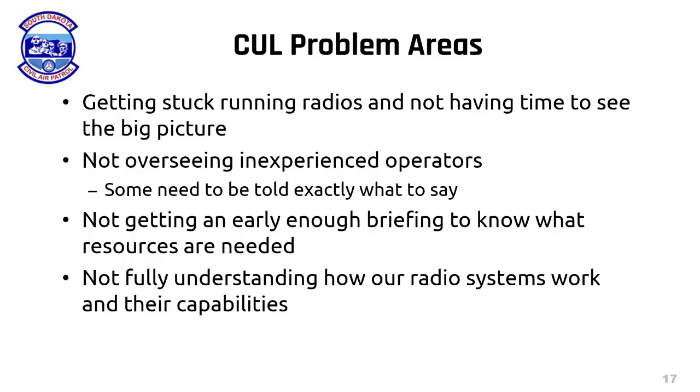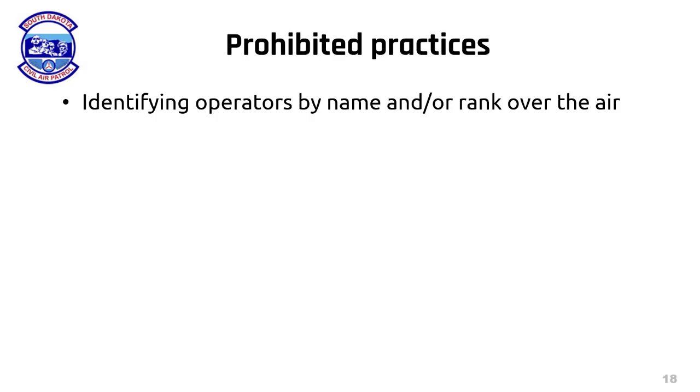I also have to tell you that there is a list of prohibited practices in the CAP communications regulation, things we are not supposed to do. And I think I need to address them with you also. It's prohibited to identify operators by name or rank over the air. We don't use name in terms of contacting people.